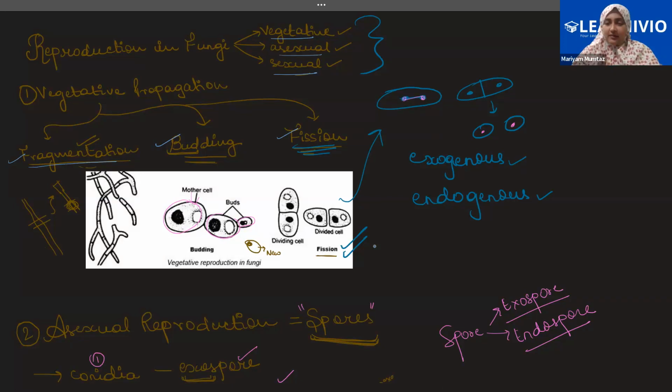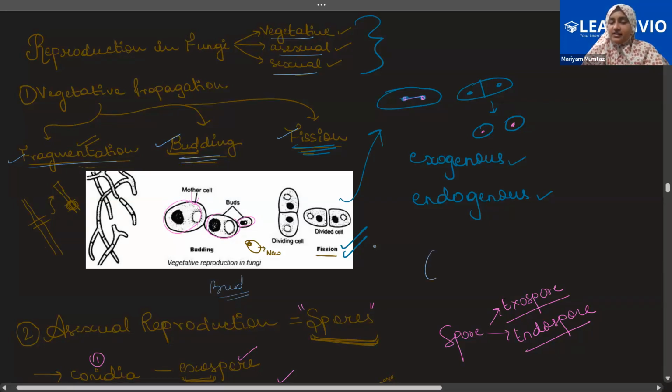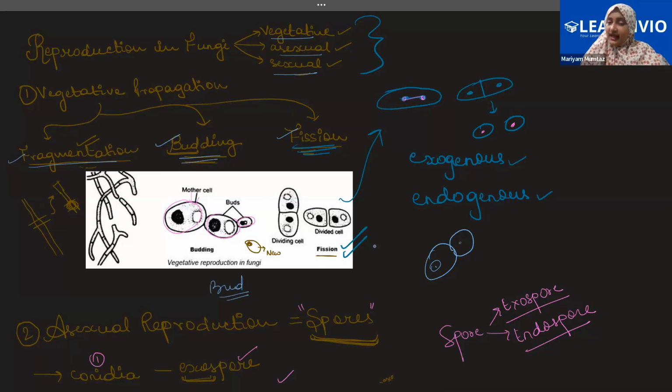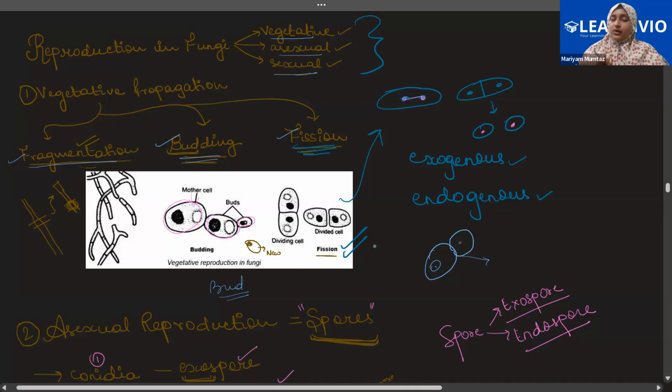Talking about budding, a bud is an outgrowth present on the body. For example, if this is the cell of the fungus, a bud arises like this, develops for a while attached to this cell, and then gives rise to a new cell.